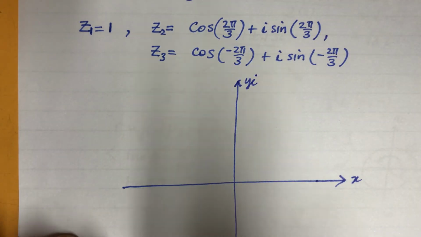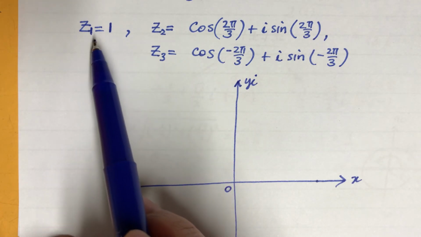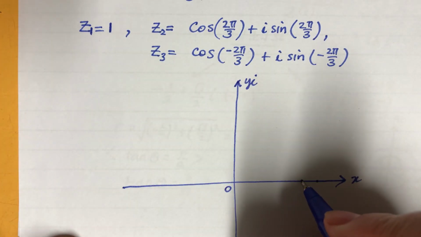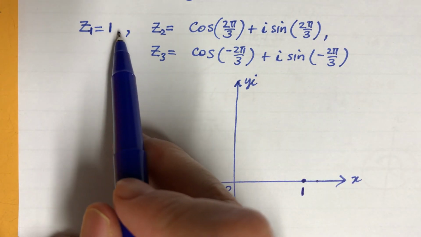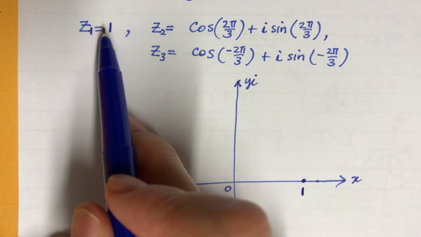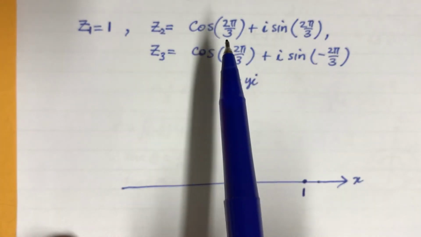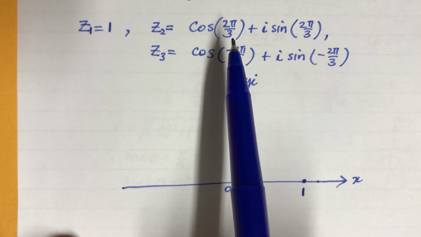Okay, so that's 0 here. Now the first one was z1 equals 1, and that's going to be in here, 1, because there's no imaginary number here, so it's just the real part that's going to be here. And the z2, it's going to be 2 pi over 3.